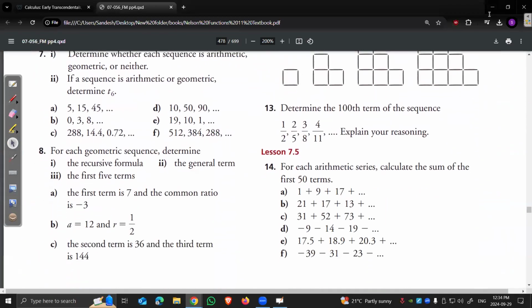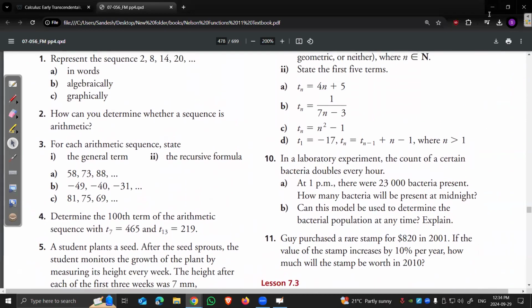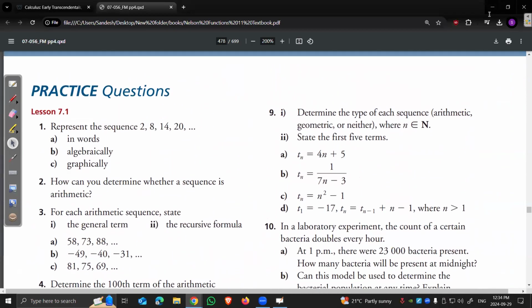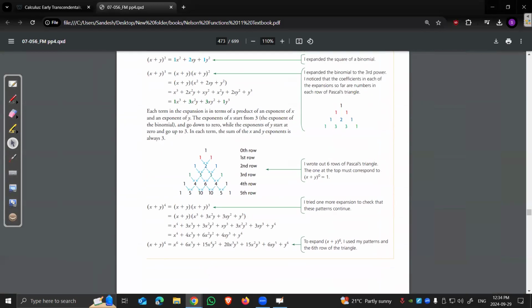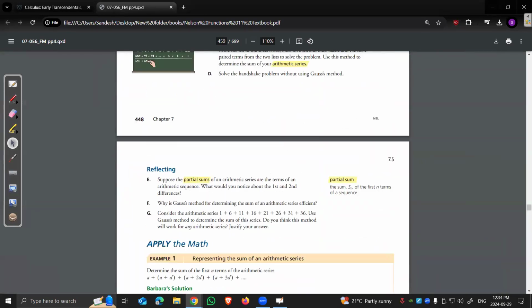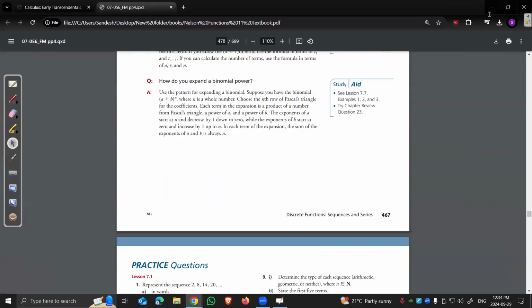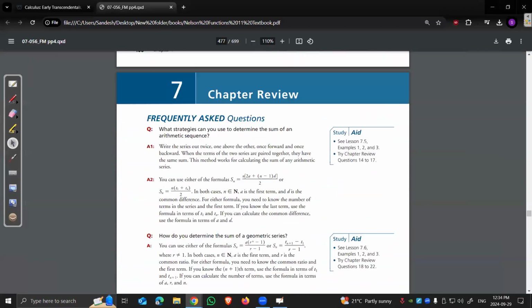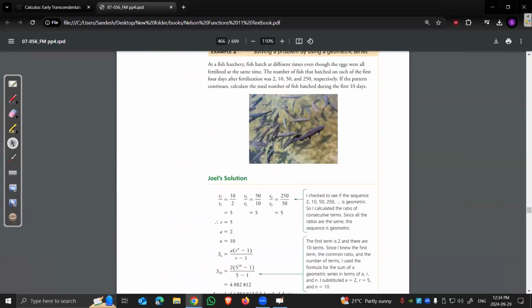All right, so that's just an intro quickly into sequences. Let me just show you what I mean. When it's not possible to write everything as a general sequence, what would that be? That would be 7.3.